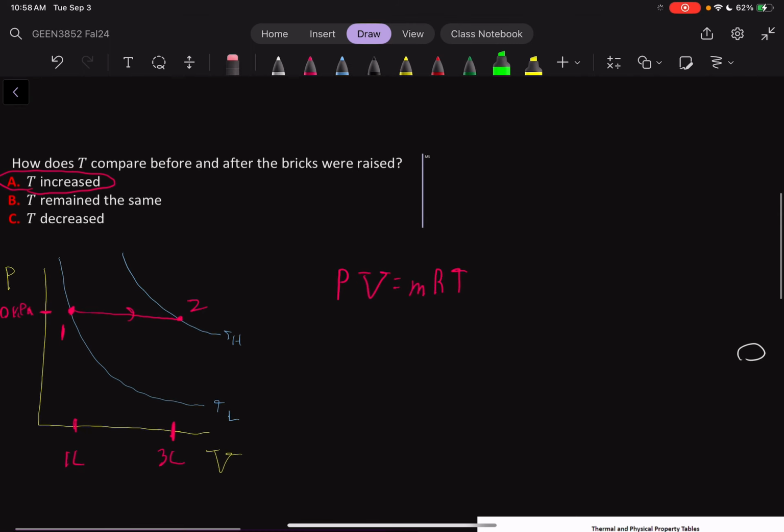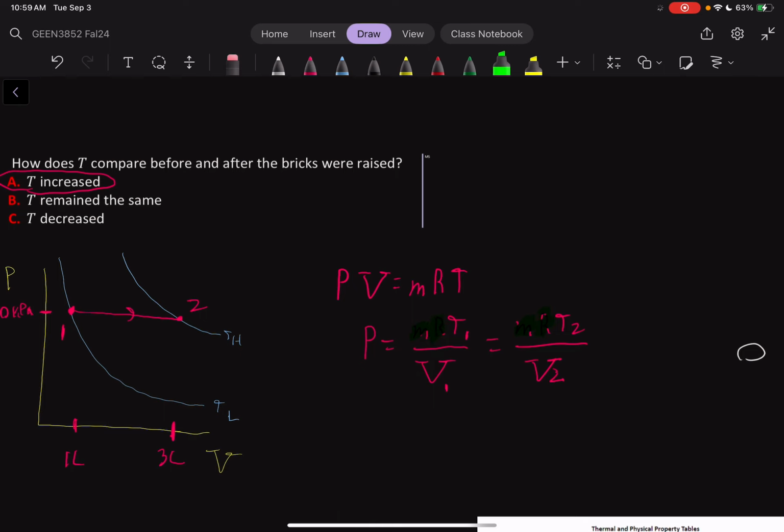And I can plug this in, but I don't even need it because I know that this is an isobaric process. So I can rearrange this: pressure is equal to mRT divided by the volume. Because pressure is constant, the pressure at state 1 and at state 2 are equal, mRT1 over V1 equals mRT2 over V2, right? And these values are constant. The mass is closed system, so the mass shouldn't change.